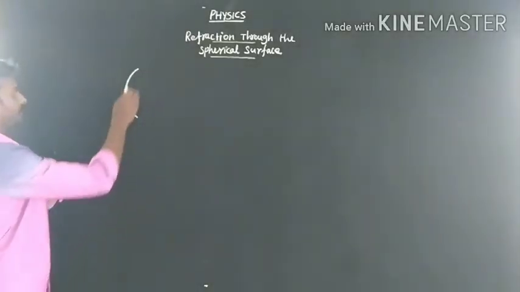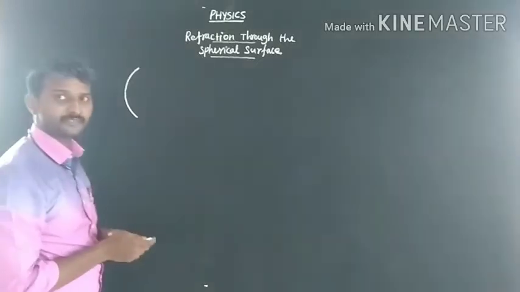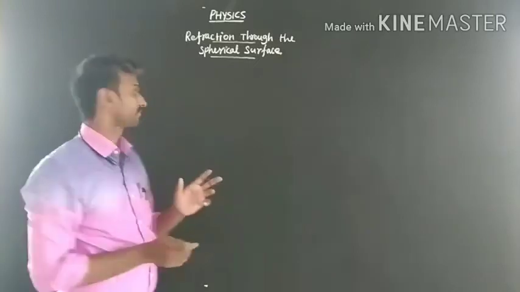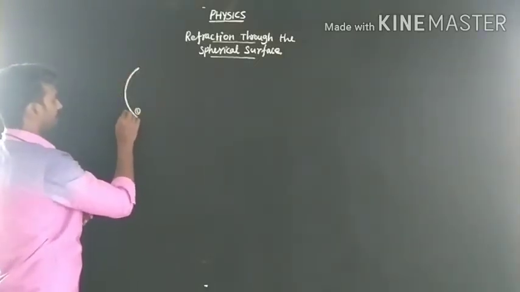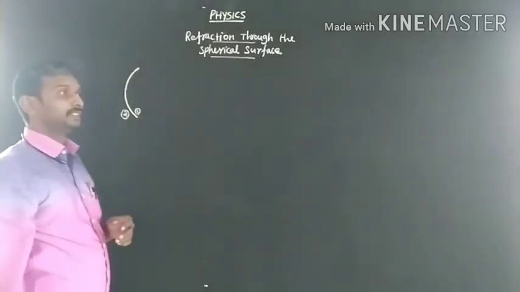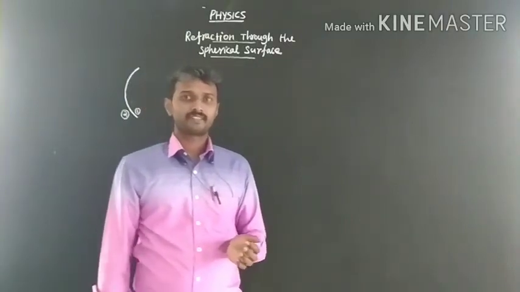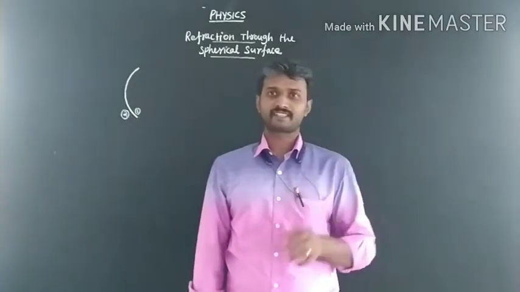Look here. Consider a spherical surface. Each spherical surface consists of two faces, 1 and 2: the convex surface and the concave surface, which we already discussed in the reflection title.